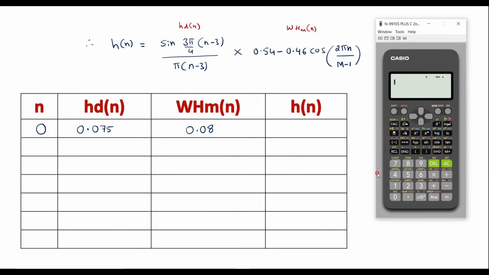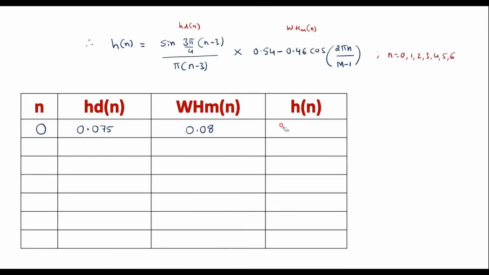So 0.08 into 0.075, we'll get 6 into 10 power minus 3, that is nothing but 0.006.